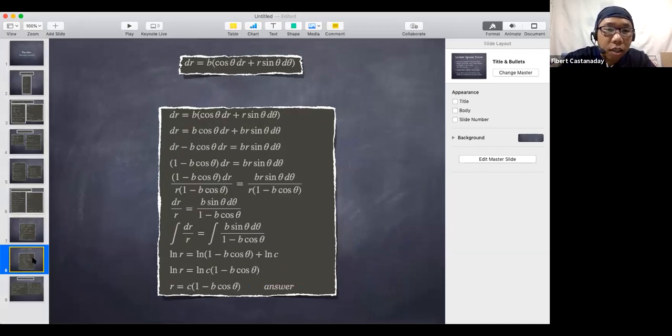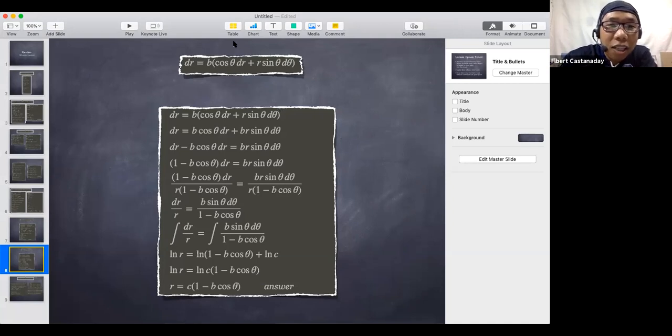Okay, it's almost 8. So this one here is somehow similar to the previous one. This problem has been one of my favorite problems to give in a quiz or in the exam, because students sometimes have difficulty, especially if I'm using letters as constants. As you can see, we have B there, and theta, and R. So just be careful.